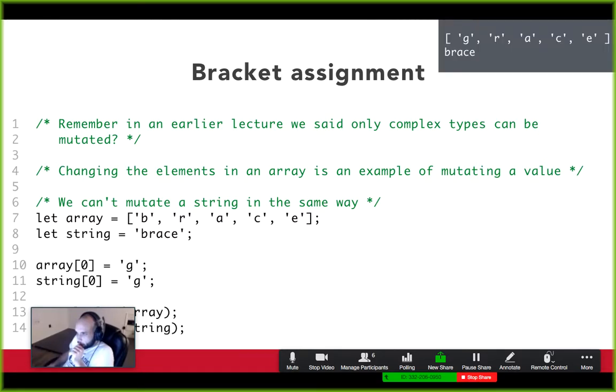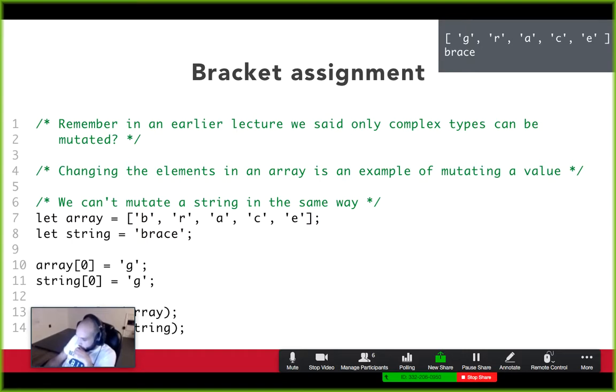However, when I print out both elements, you'll notice how in the array, because arrays are changeable, the first element, that B, actually got replaced with a G. But for the string, nothing happened, or at least the B did not get replaced with a G, because remember, I cannot change a string once I create it. The only way to create, let's say, a grace string will be to construct a new string completely from scratch.